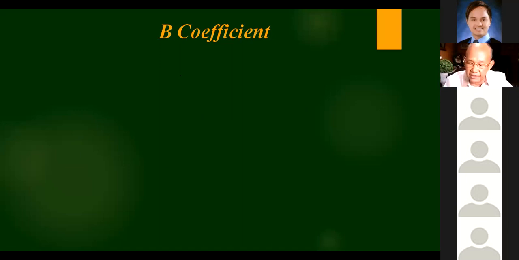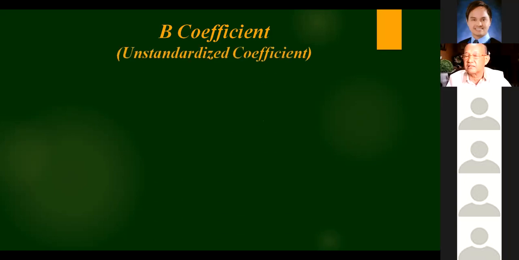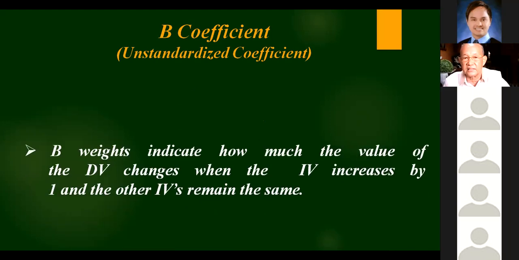But first, allow me to unlock the terms. B coefficient is sometimes referred to as the unstandardized coefficient. The SPSS software will give you all this data. All you have to do is to analyze and to interpret them. The following concepts will help you analyze and interpret the indices.